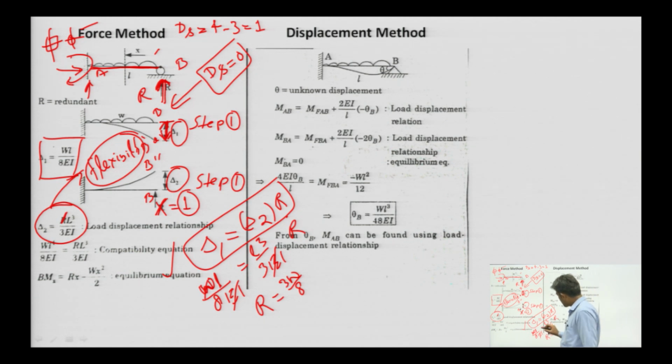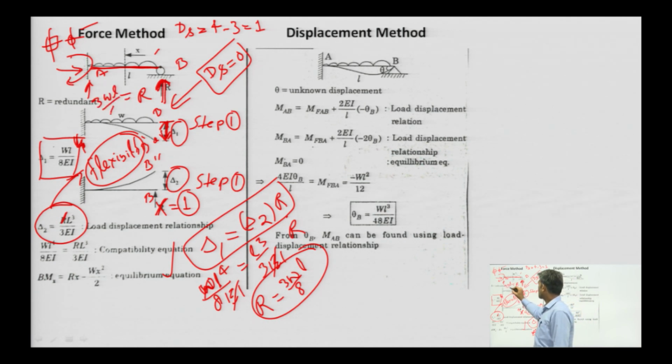L to the power 4 will be here, it was missed. So R is 3 W L by 8, and this value is now known to us.